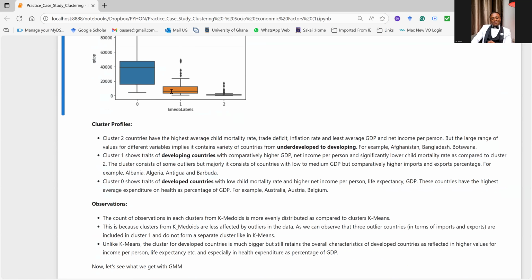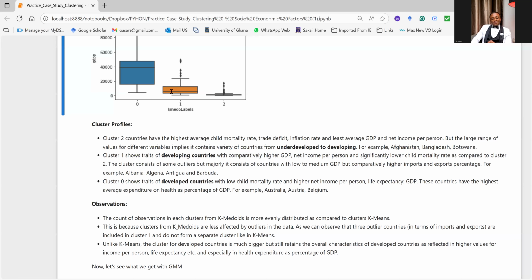So, unlike the K means, the developed country is much bigger, but it still retains the overall characteristics of the developed countries, which is shown in higher values for the other element. So that is how K means and K methods differ in their clustering approach here. The question is, are these the only ones? There are other ones that you can use.